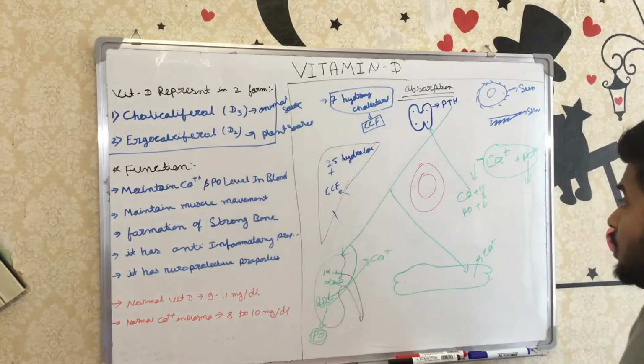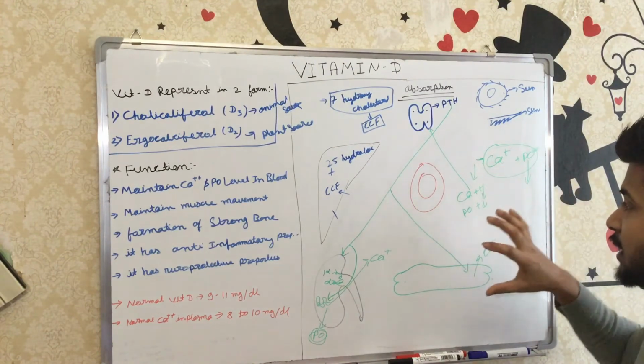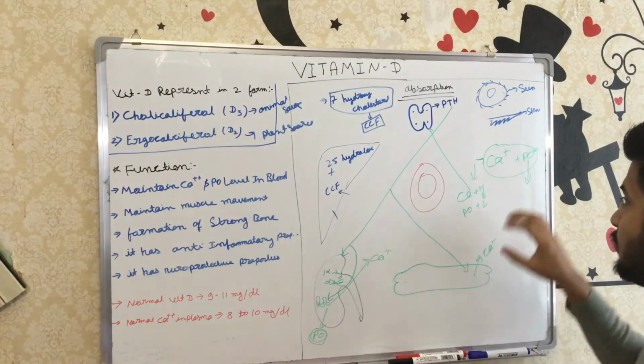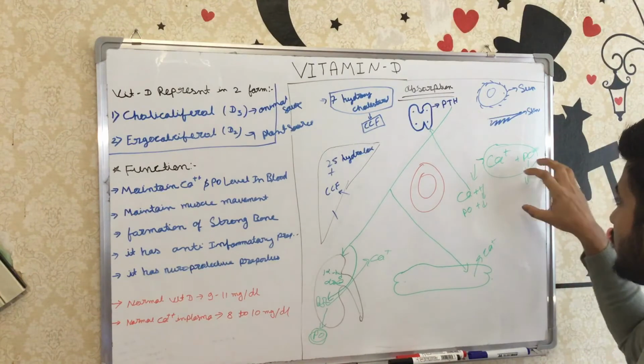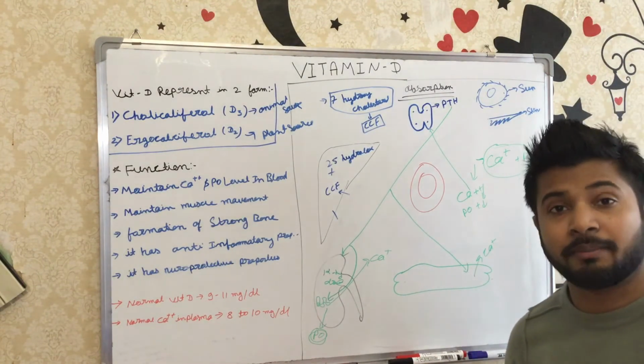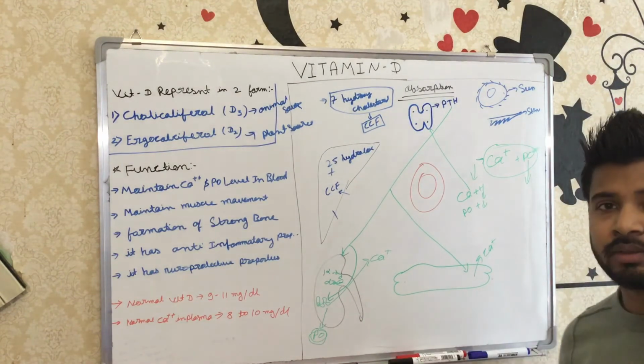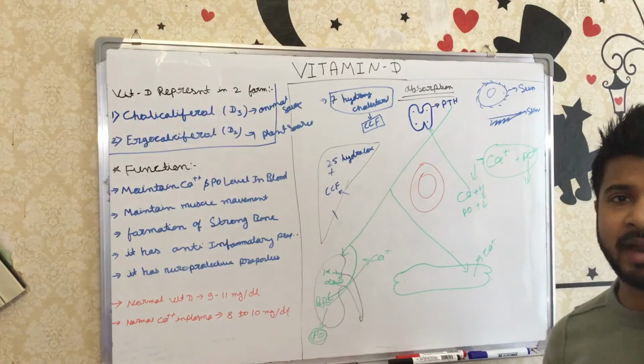That's why, if the phosphorus decreases while the calcium level in the blood is normal, meaning abnormal concentration of the phosphorus in the blood, at that time it will not deposit or mineralize. That's why the parathyroid hormone, as compared to vitamin D, is a little bit bad. Why?